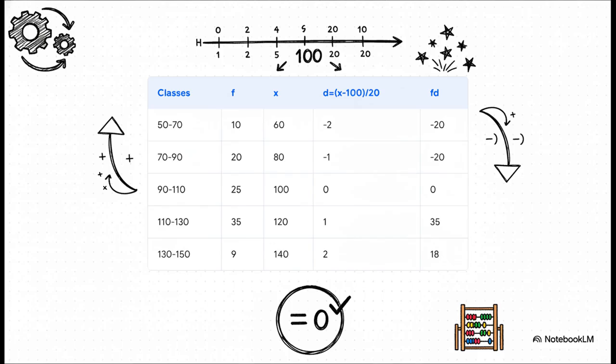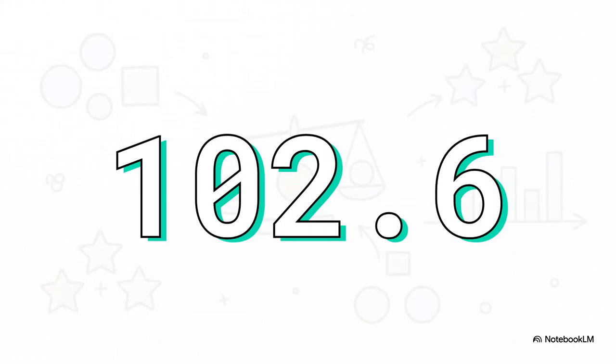The numbers are incredibly small, and the negatives and positives naturally cancel each other out, making the final sum an absolute breeze to calculate. When we add those tiny positive and negative numbers together, sum them up, divide by 99, and add our assumed mean of 100 back in, we get the exact same final answer, 102.6. Our clever little shortcut perfectly matched the direct method, once again, but with a fraction of the computation.